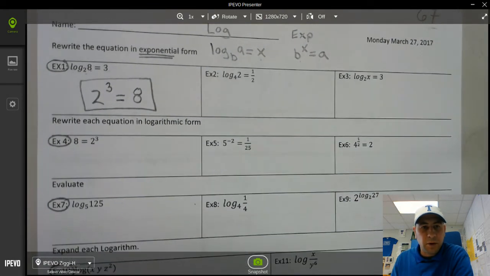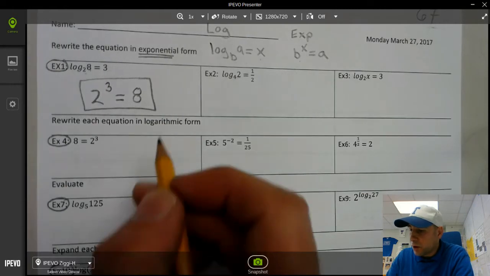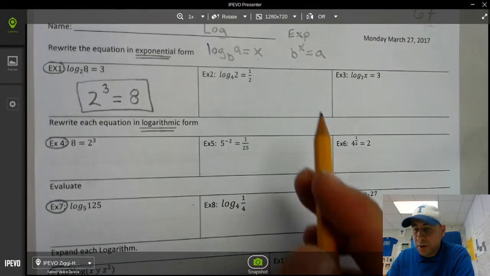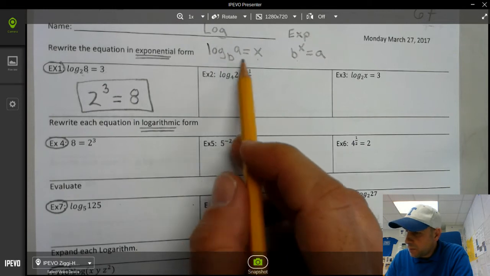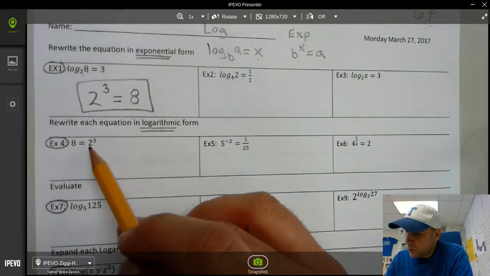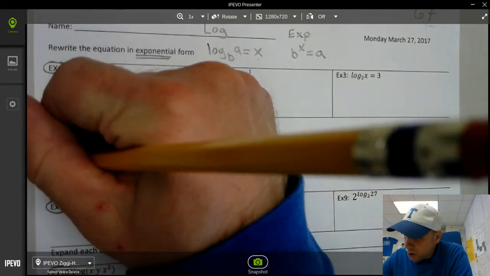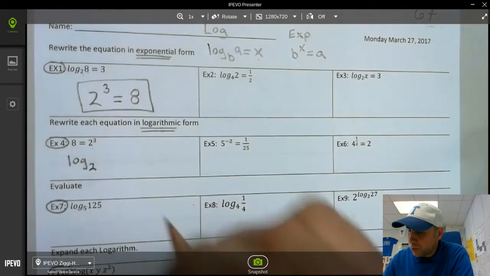All right, now rewrite each equation in logarithmic form. Okay, so now we're going to the logarithmic form. So we're still going here. So we know that the base is 2, so that's log base 2.